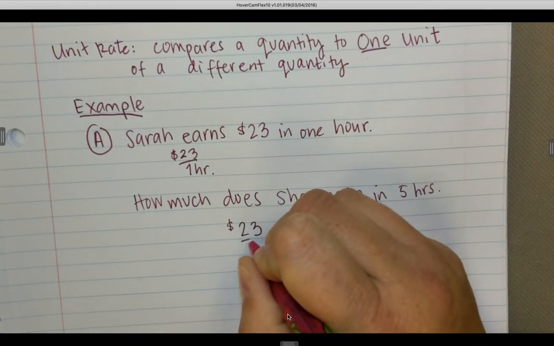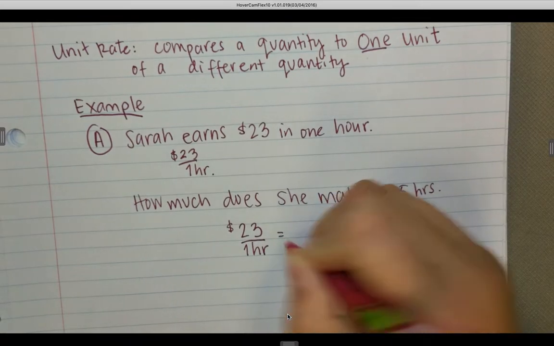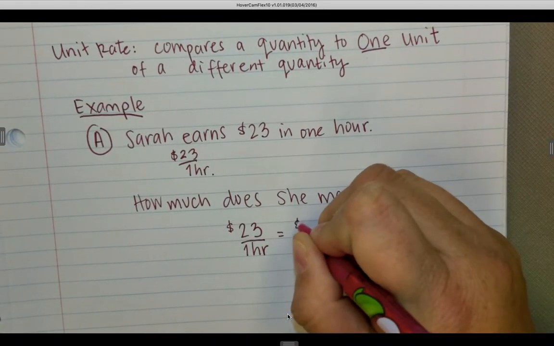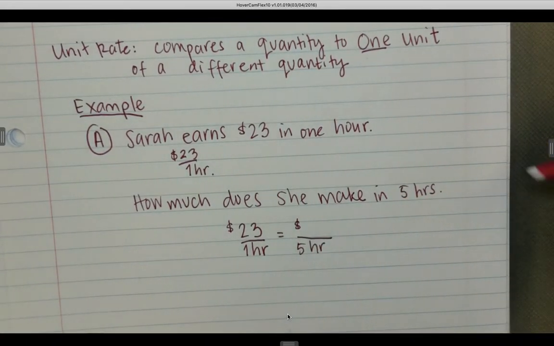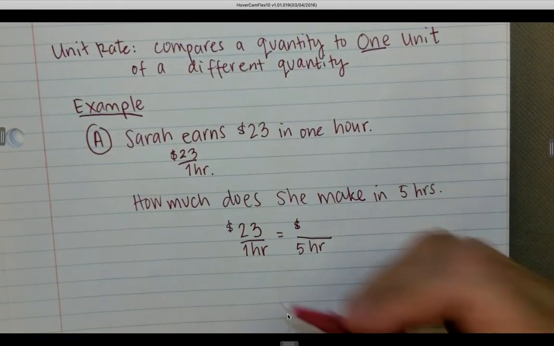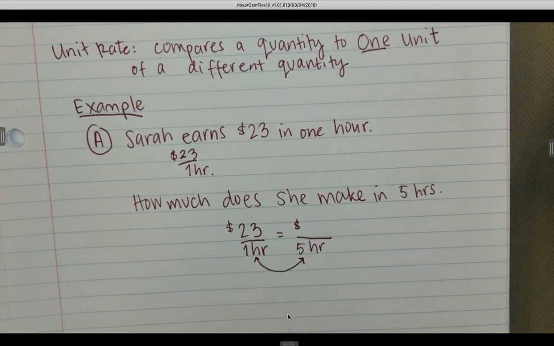So if I have $23 here and 1 hour here, I want to know how much money in 5 hours. And just like we did with our ratios, I look at what do I do to 1 hour to get 5 hours.